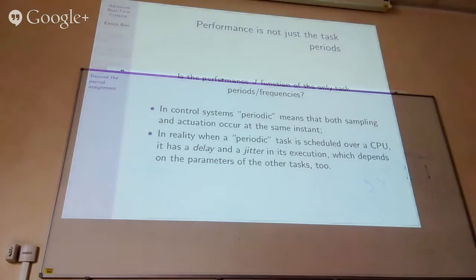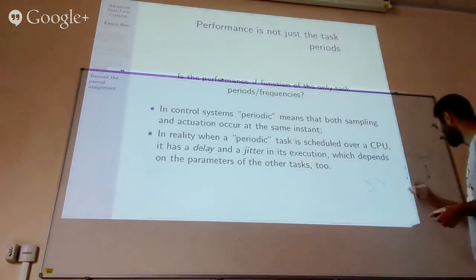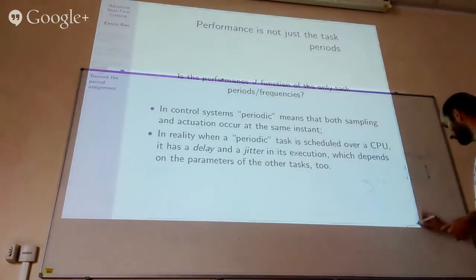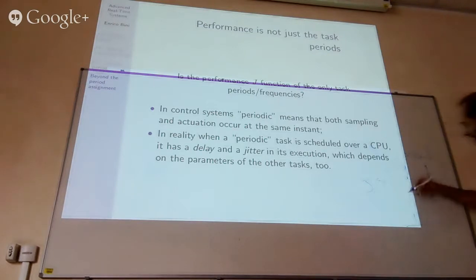This is not the case, because the reality instead is that you have many tasks. Let's say you have activation here and completion here, so you have sensing and actuation here. This task instead has maybe even a preemption, so even the pattern is different.